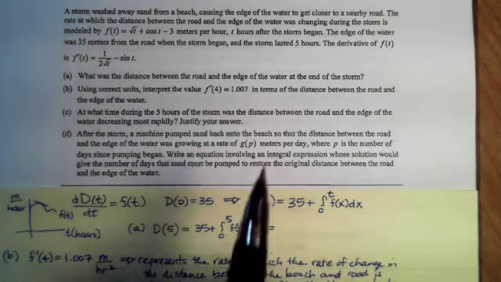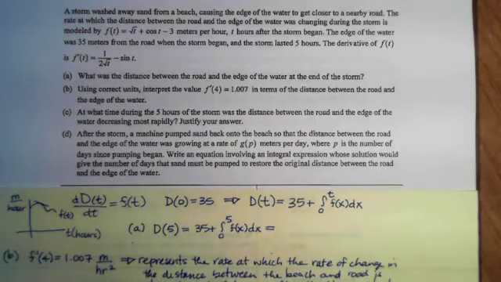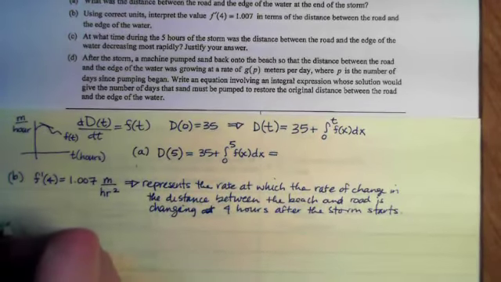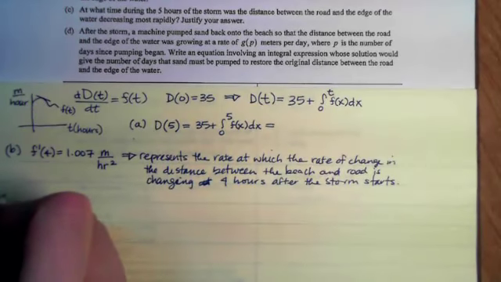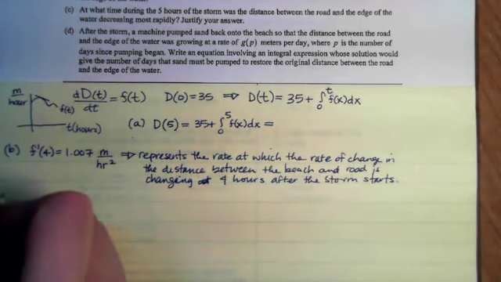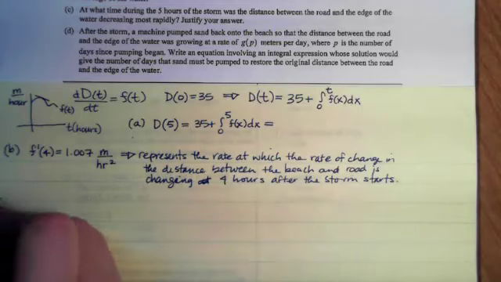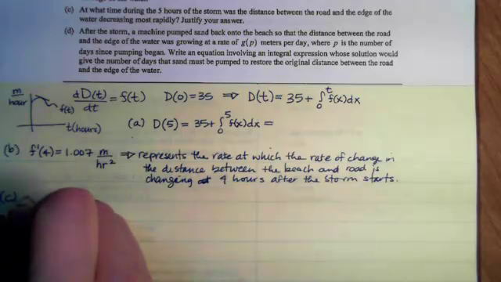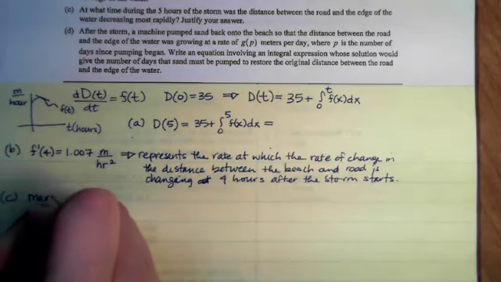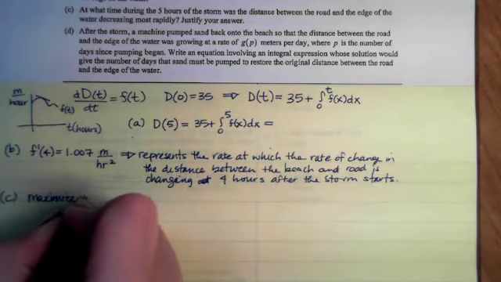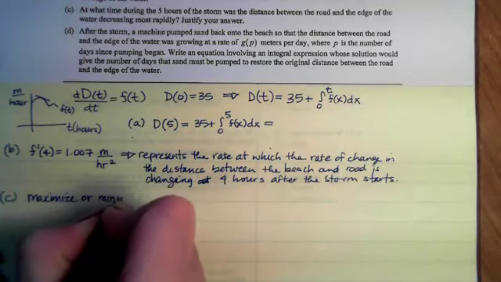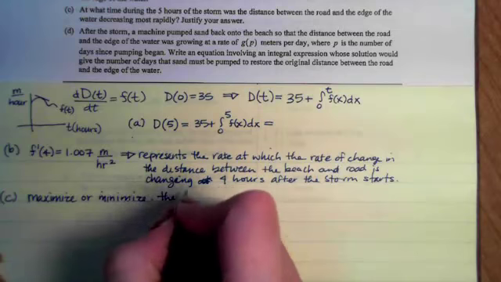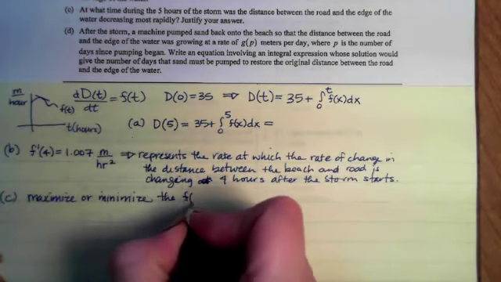distance is 1.007. If we look at part C, it says, at what time during the 5 hours of the storm was the distance between the road and the edge of the water decreasing most rapidly? So to decrease most rapidly, that means we need to maximize or minimize the f of t.